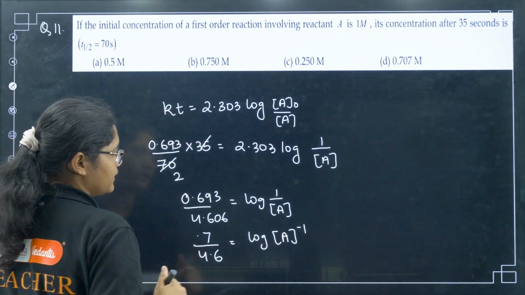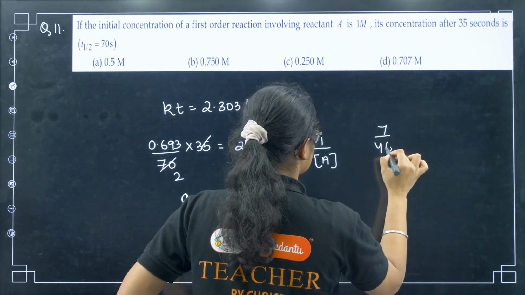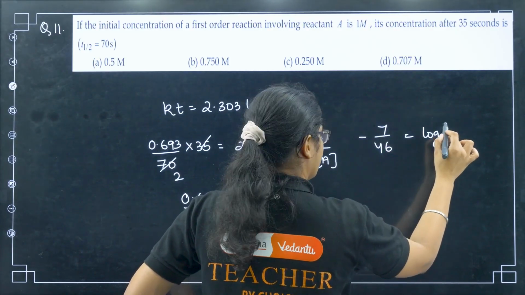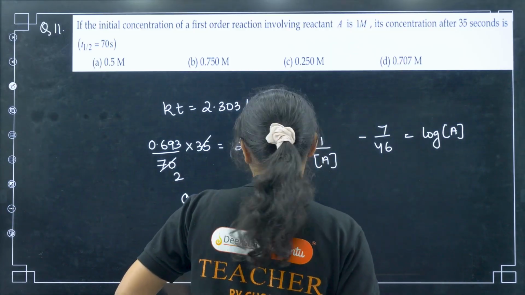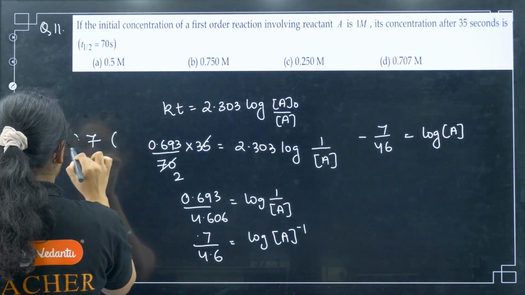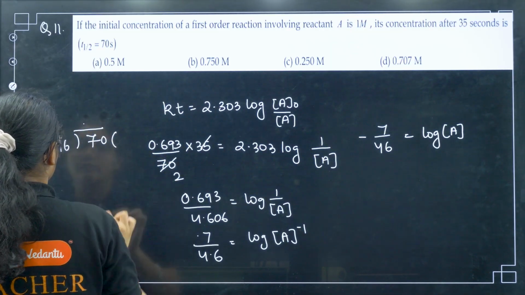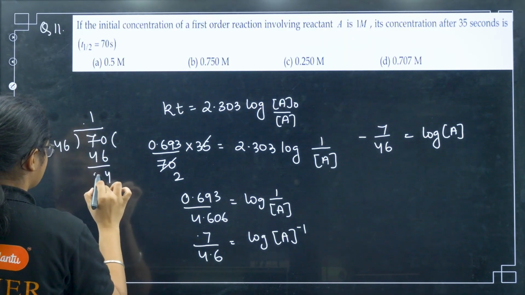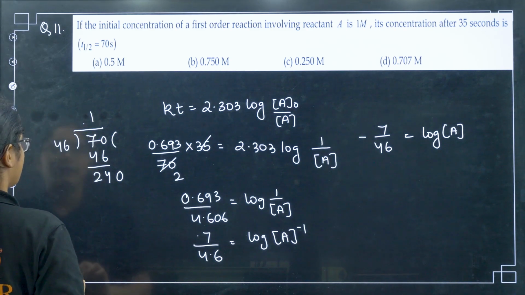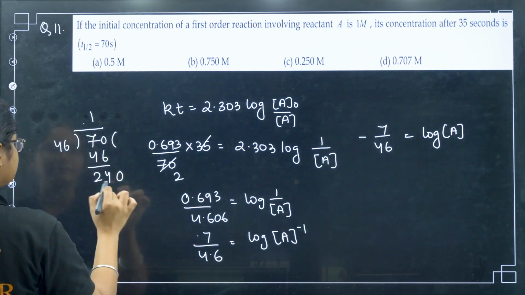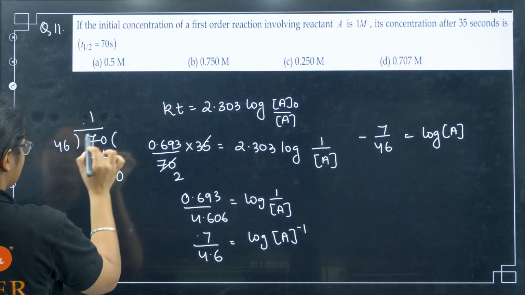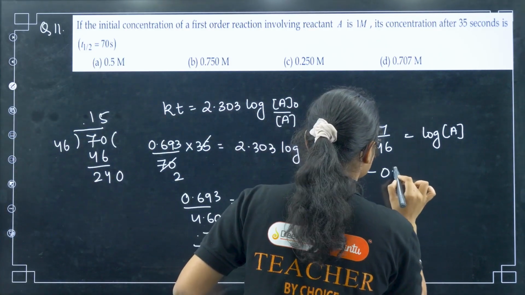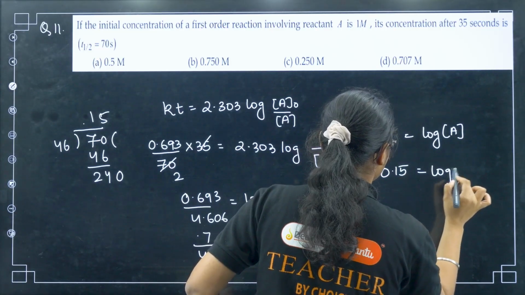Now minus 1 will come here, so minus 7 by 46 is equal to log of A. Now if I solve 7 by 46, how much will I get? 46 ones are 46, 70 minus 46 is 24, again 5 6s are 30, 5 4s are 20, so 0.15. So I will get minus 0.15 is equal to log of A.